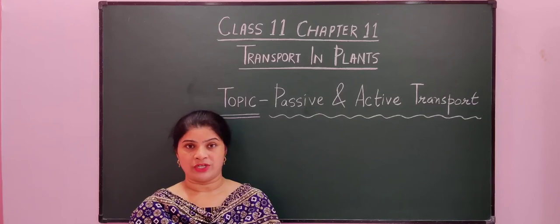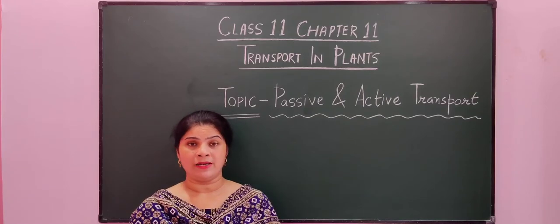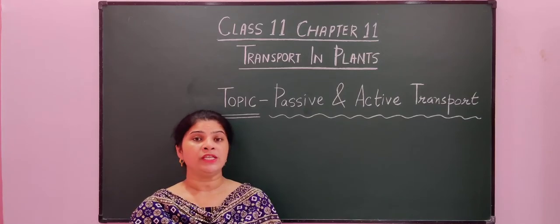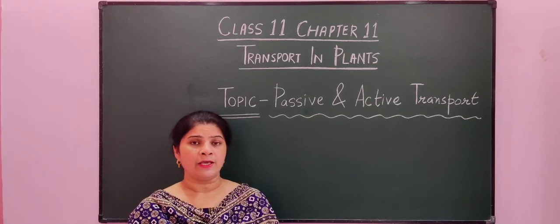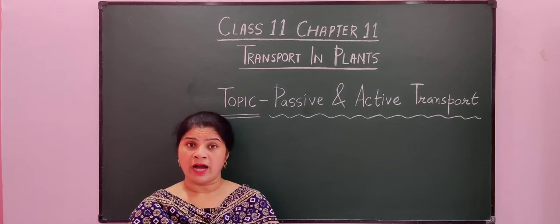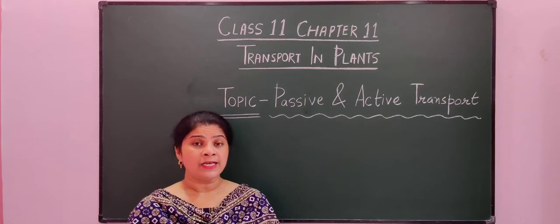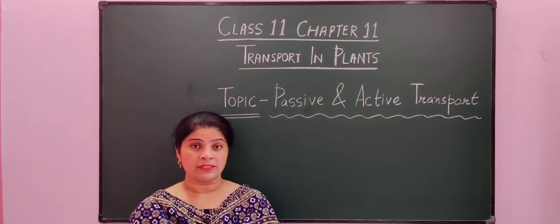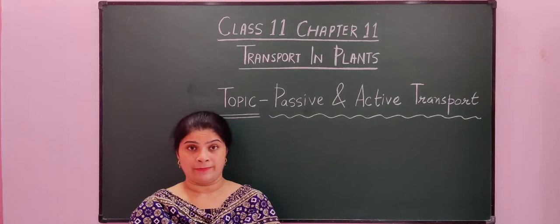Now there is one question. Is diffusion the only way of transportation of materials in and out of the cell? No. If diffusion were the only way of transportation of materials, then anything which is accumulated outside, whether it is useful or harmful, would start entering into the cell. And once the concentration of these materials accumulates, they would start diffusing out of the cell.